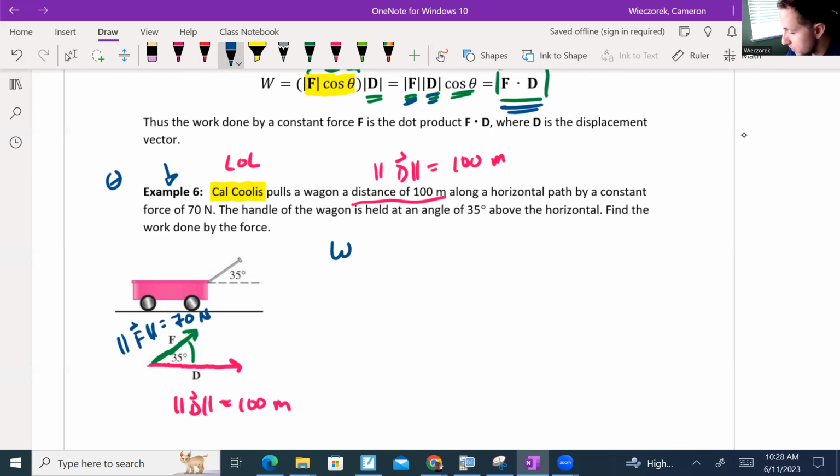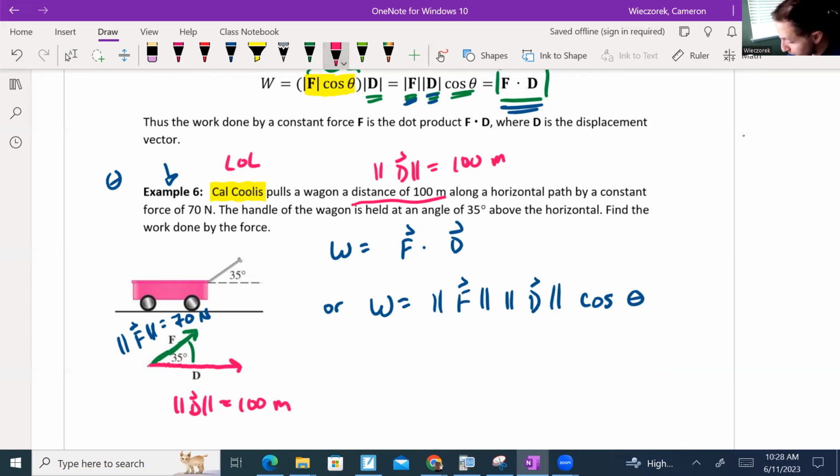Well, we have two versions we can use. We can directly compute the force vector and the displacement vector's dot product, or we can use the version involving the magnitudes. So we just have to look at the problem and decide which one's more useful. If we look at the first version, we weren't given vectors.